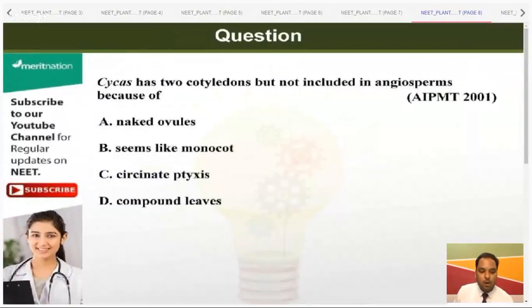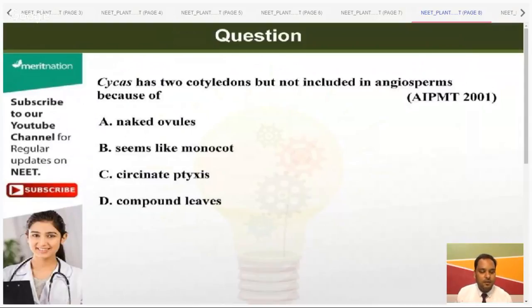Cycas has two cotyledons, but is not included in angiosperms because of: A, naked ovules; B, seems like monocot; C, circinate ptyxis; D, compound leaves. This is the last question and it summarizes your whole chapter.